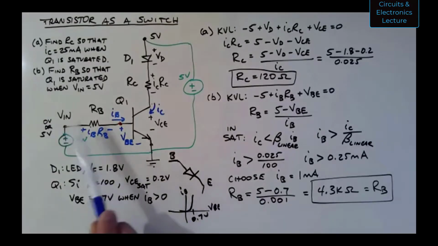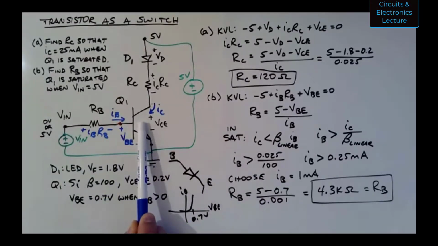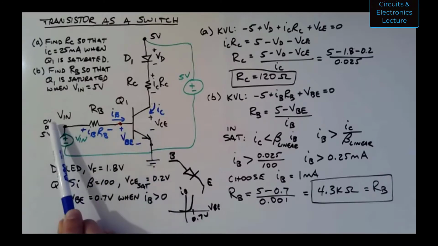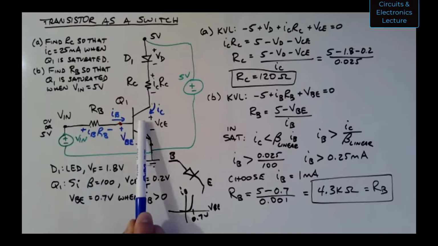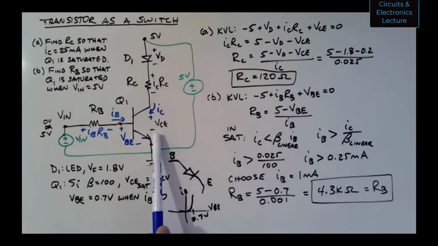Professor, I had one more question about this. Sure. I'm still not quite sure how this acts as a switch. Is it just because we're talking about when it's saturated, and then when would the switch be, quote unquote, off? Okay, so it's really an electronically controlled switch. This switch is controlled by either applying 0 volts or 5 volts. If you apply 0 volts here at Vn, this electronically controlled switch is off, because no current flows.